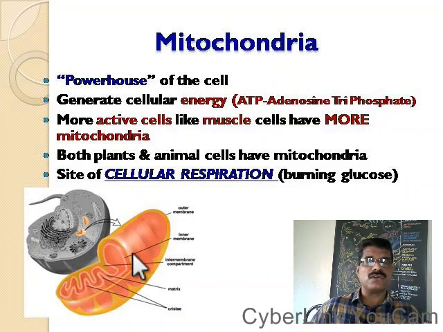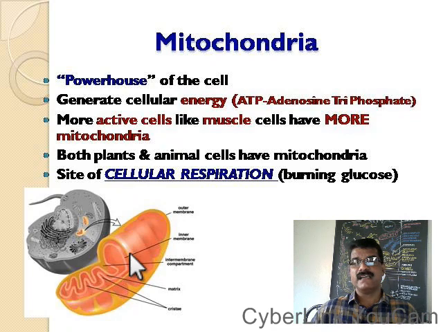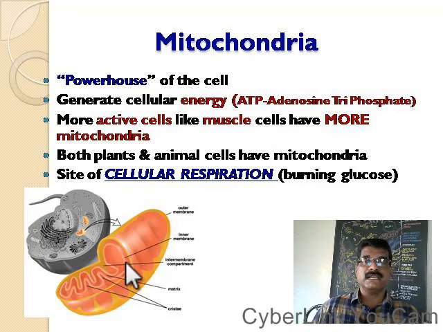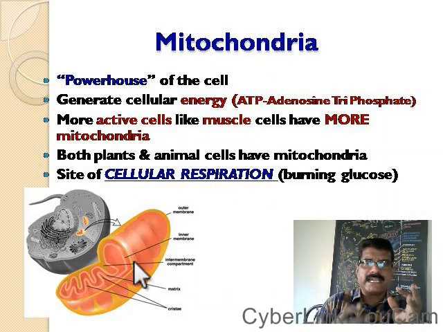See, the mitochondria is the site where respiration takes place, and after respiration energy is released from the mitochondria. The energy that we are using for all our activities, all the energy.